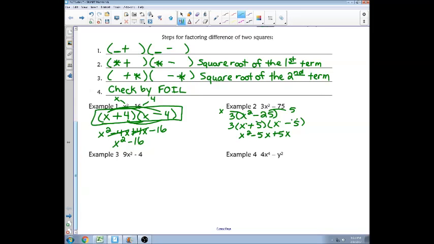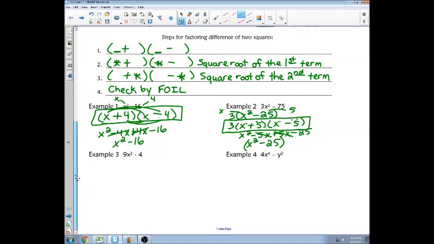And 5 times negative 5 would get me negative 25. Cancel out the negative 5x, cancel out the positive 5x. X squared minus 25 is what I'm looking for after I do double distribution in order to find out if I factored correctly. So my answer is 3 times x plus 5 times x minus 5.